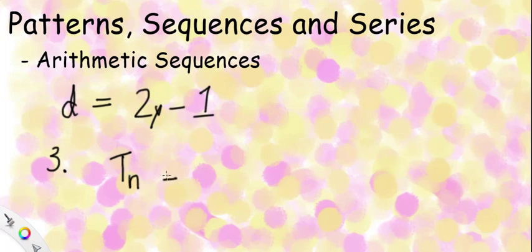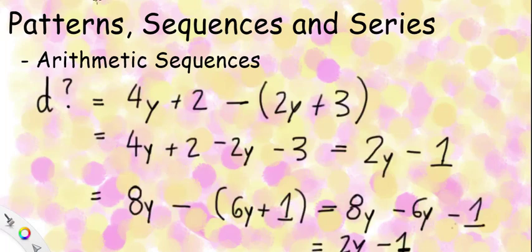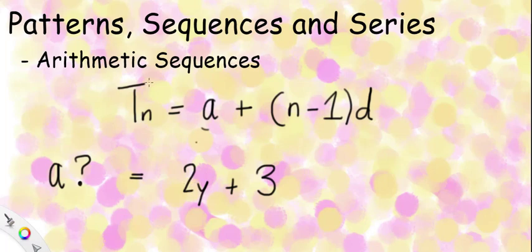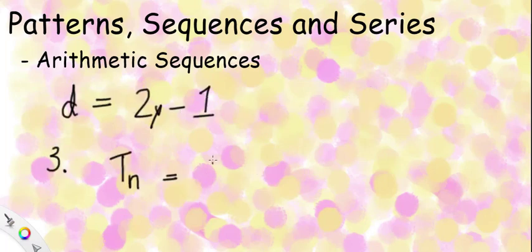We give Tn is equal to, we solved for A and we said A was 2y plus 3, so we simply put in brackets because it's one term, guys, 2y plus 3. You can leave out the brackets. I prefer to have them because if I have a sign change or anything that happens pertaining to this whole term, I know that I must always assign the sign change to everything to do with it.